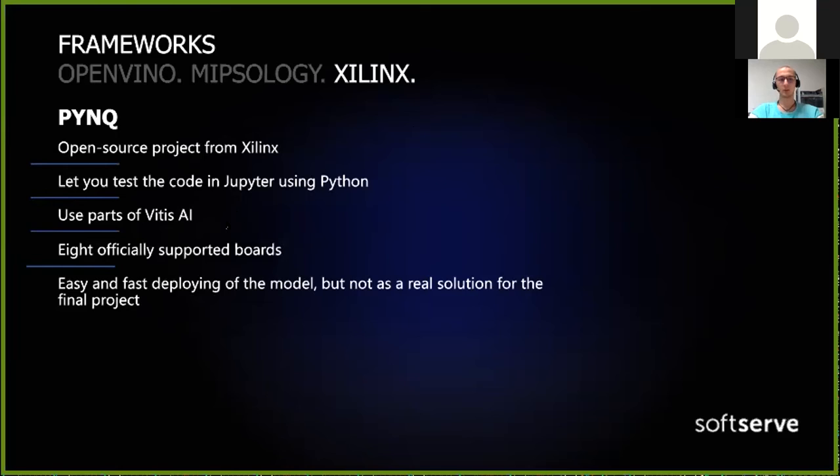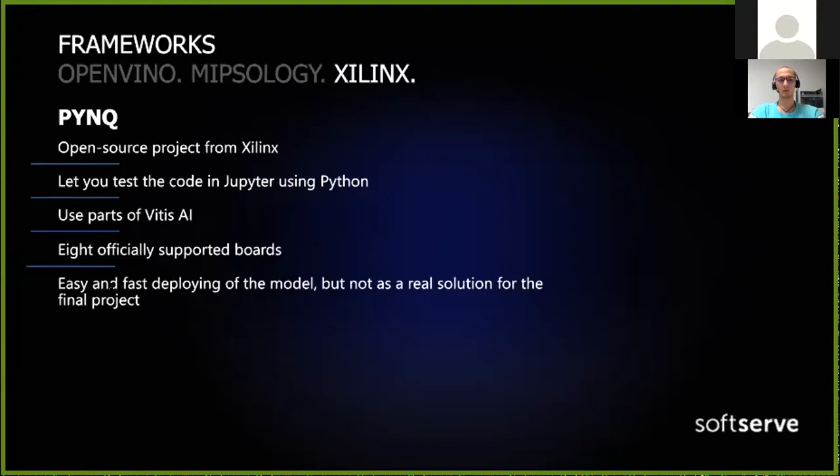It uses parts of VTCI, for example this DPU, and it has 8 officially supported boards that make it maybe simpler for beginners, because these boards are cheaper, and it's easier to work with them because you only need to change the chip in the Jupyter notebook settings from CPU or GPU to FPGA, and add some more lines in your code, and also add some more libraries in imports.